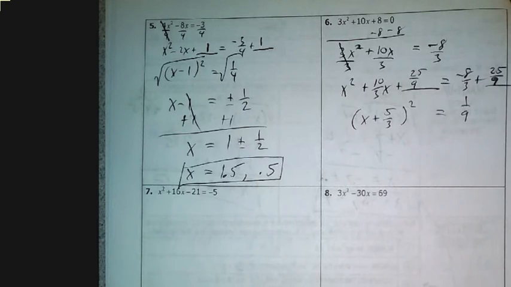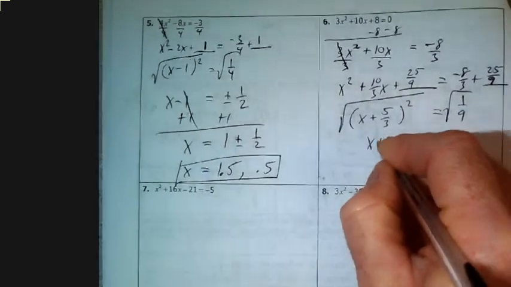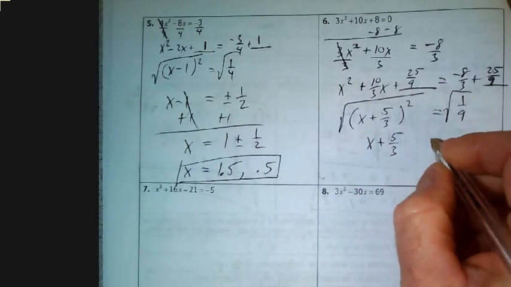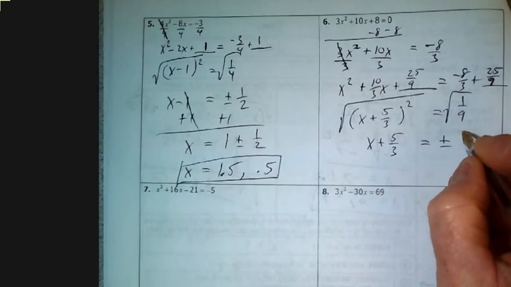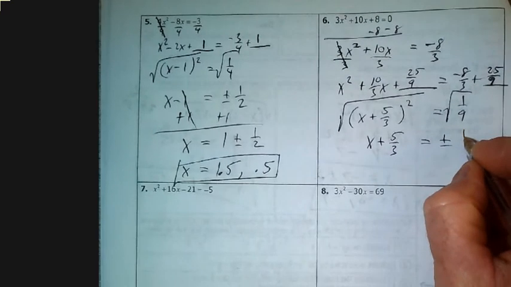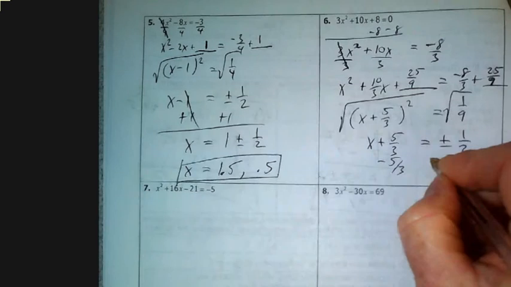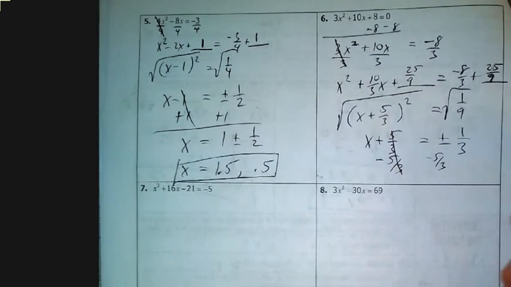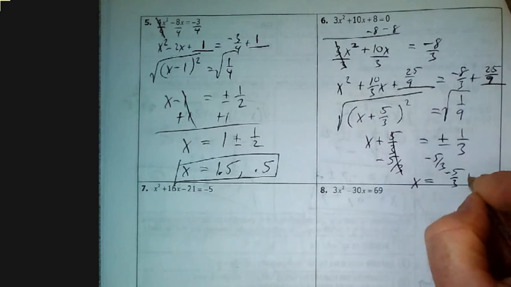So now we're going to take the square root of both sides. So we have x plus 5/3 equals plus minus, what's the square root of 1/9? Real easy. 1/3. So now we're going to subtract 5/3 from each side. So x equals negative 5/3 plus minus 1/3.